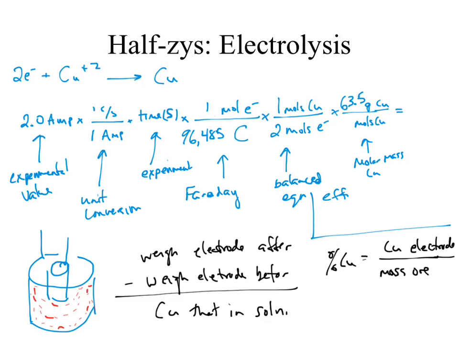Okay? So our efficiency will be our copper electrode divided by, what do we want to call that? Let's call it theoretical. Okay, and that's how you would calculate the electrolysis efficiency, by going through and running that.